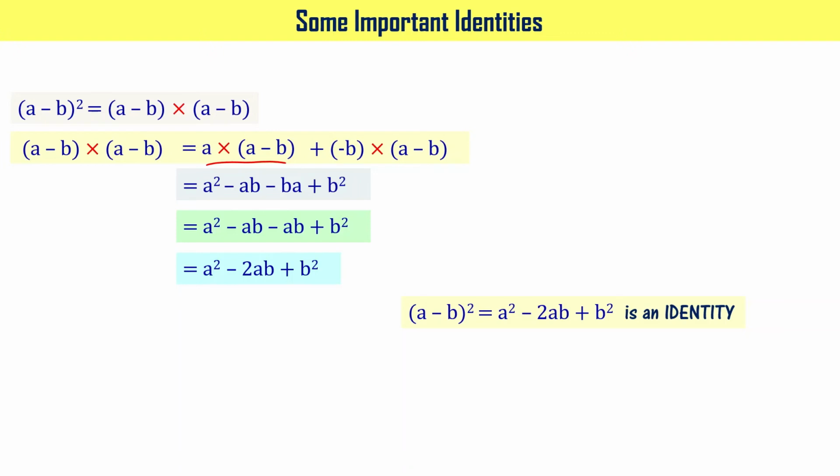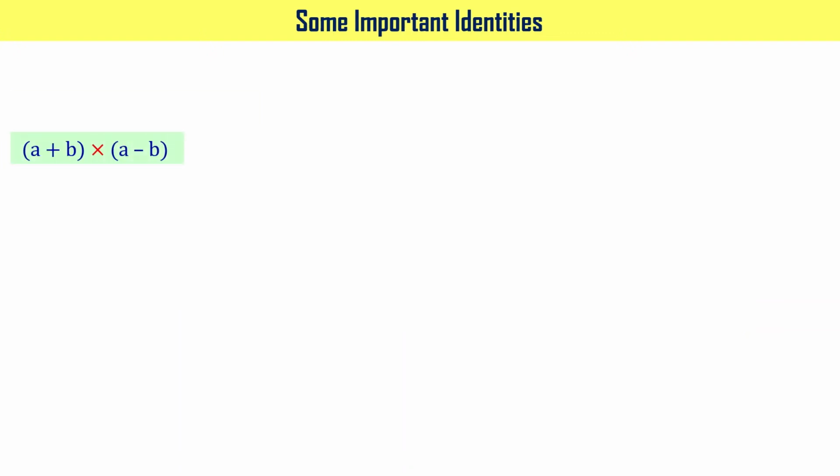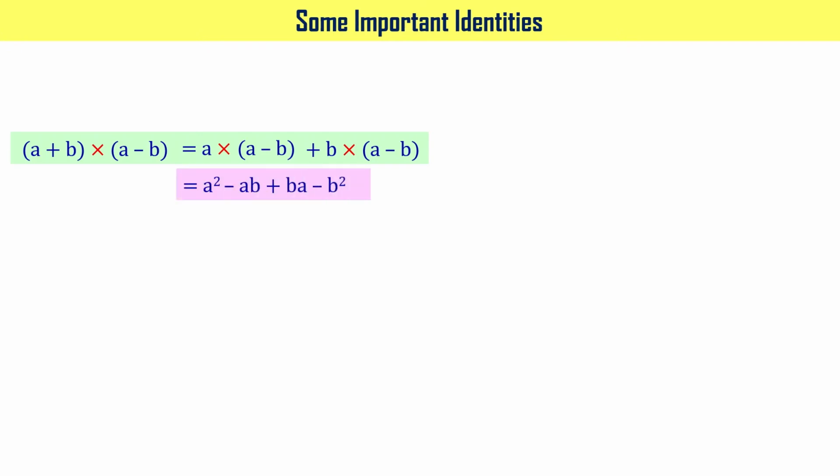Now let's learn about another identity. (a plus b) times (a minus b) can be written as a times (a minus b) plus b times (a minus b), right? That can be written as a square minus ab for this, and ba minus b square for those.